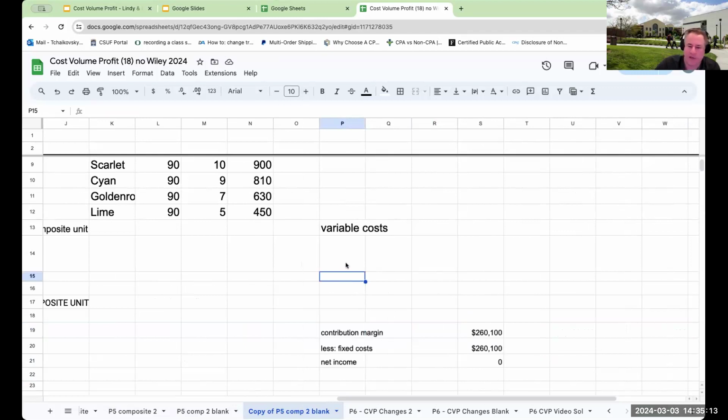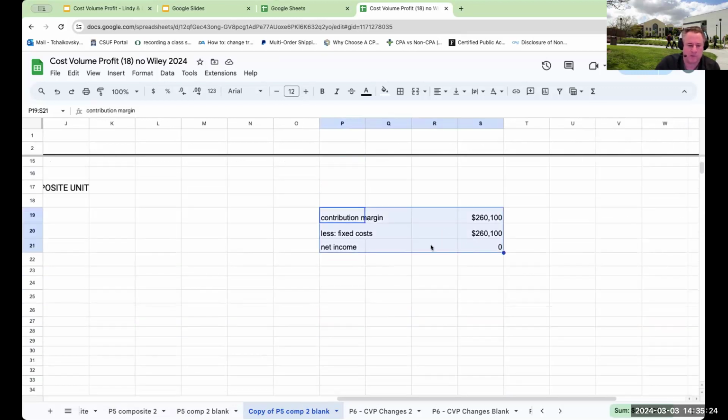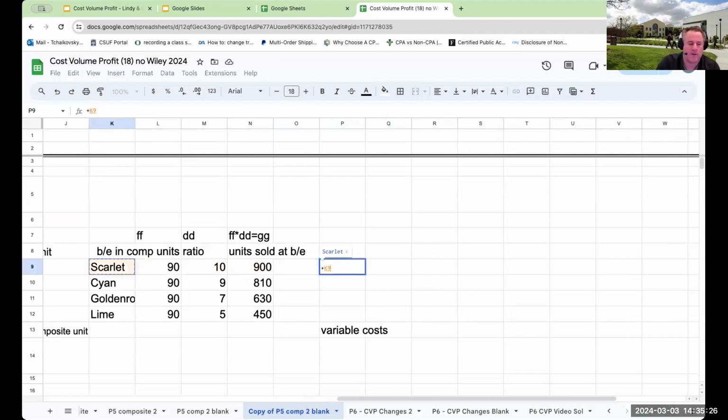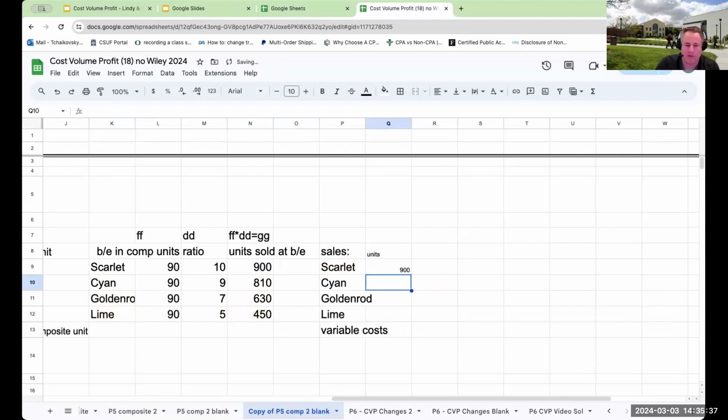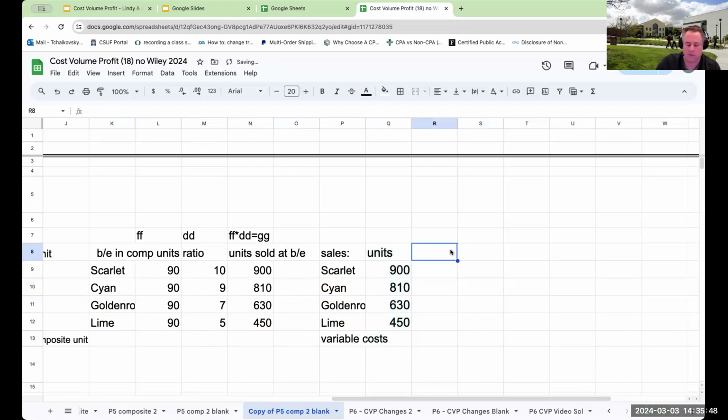So how do I know if this is right? There are a couple of different things I can do, but let's do one of the easier ones first. Let's take a look at our sales. We had scarlet, cyan, goldenrod, and lime. The units I'm selling at break even for scarlet are 900, cyan 810, goldenrod 630, and lime 450.